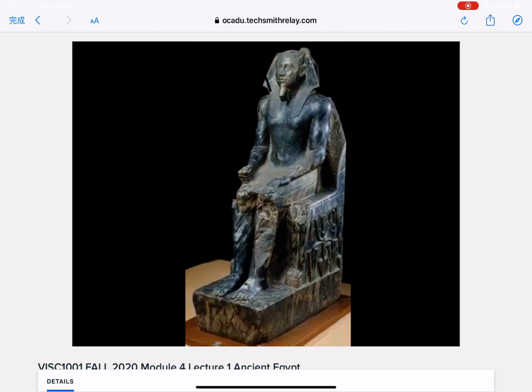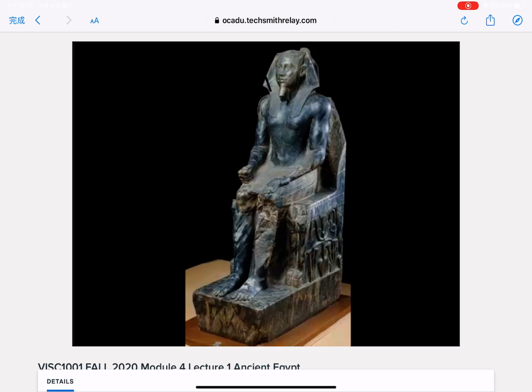He does not look at the viewer. The gaze of the pharaoh looks beyond the viewer at something unknown in the distance. And that lack of access to his vision, to his gaze, also underscores his supreme authority and semi-divine nature.